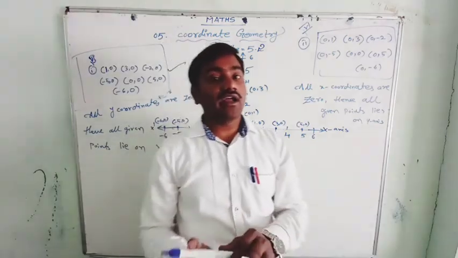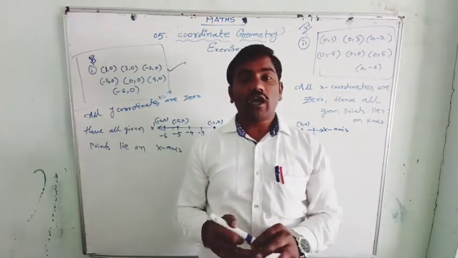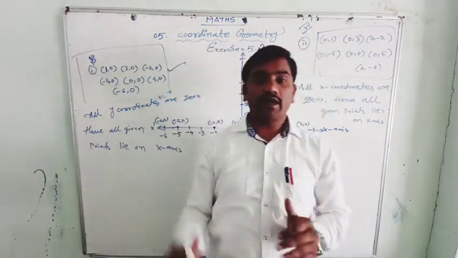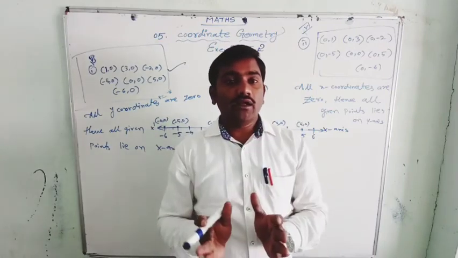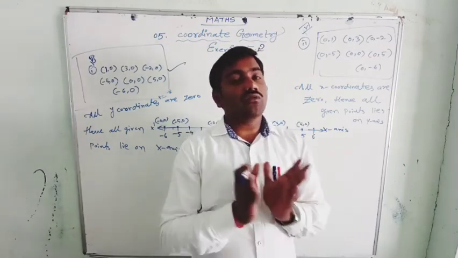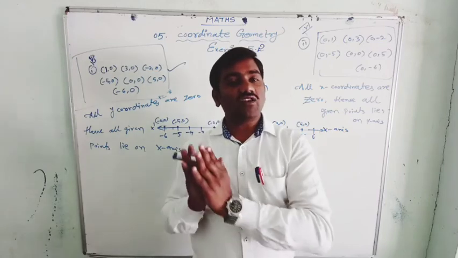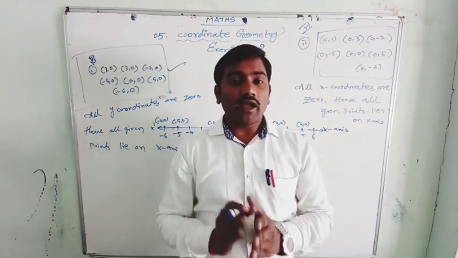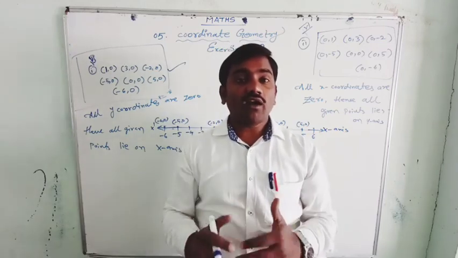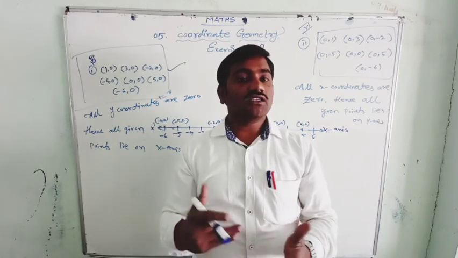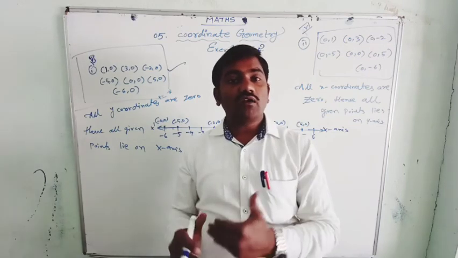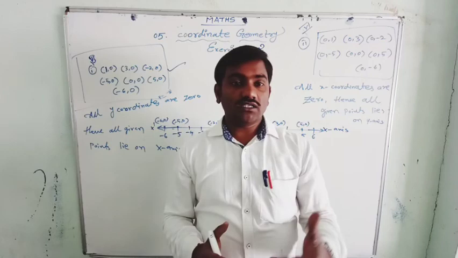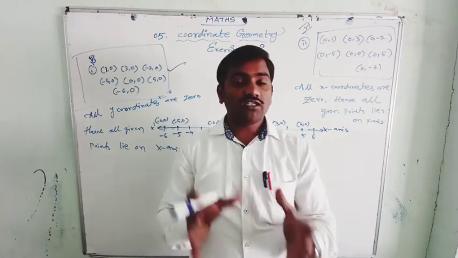I hope you got a clear picture of what coordinate geometry is and what a point is. In that, x-axis values are known as abscissa and y-axis values are known as ordinate, and how to locate the points, what the quadrants are, how the quadrants are divided. In the first quadrant, what points will lie. In the second quadrant, what kind of points will lie.